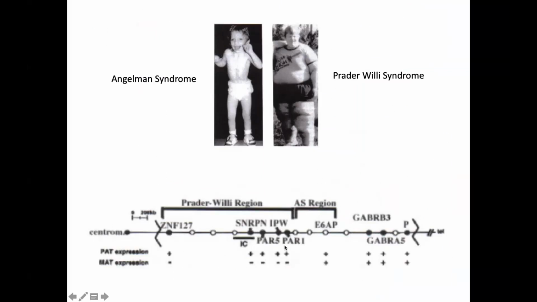I do want to point out that this diagram at the bottom here represents chromosome 15. Here's the centromere to the left, and then this is the long arm, the Q arm of chromosome 15 in the region of the centromere. This is where the deletion occurs for both Prader-Willi syndrome and Angelman syndrome.